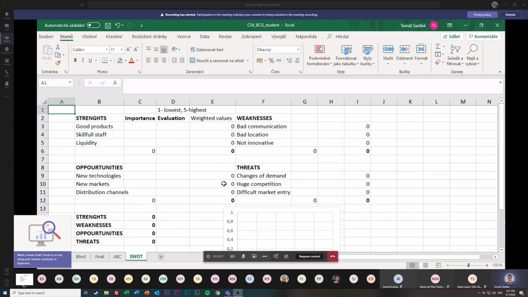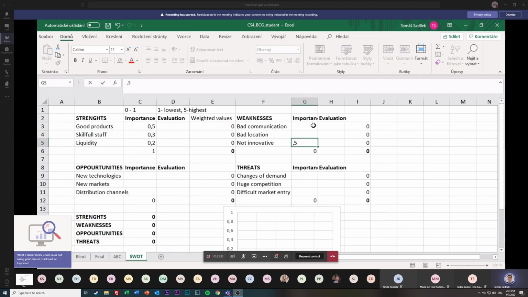So this is the first step. Then we typically do the same for the rest of the parts, I mean the importance. For the weaknesses, from my perspective, there is bad communication, bad location, and not innovative. I think that the worst one is the lack of innovativeness. Then 0.3, or 0.25, for location and for communication.